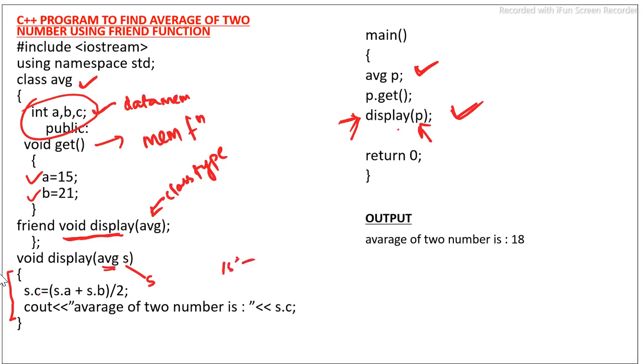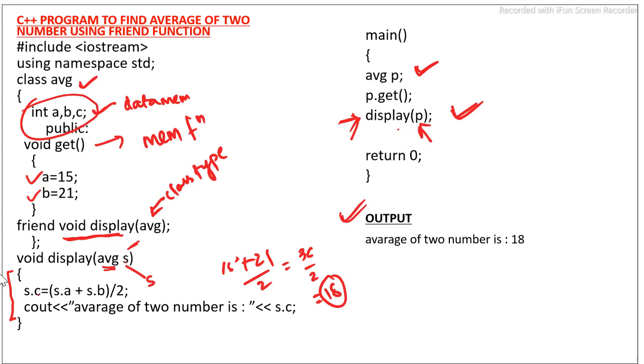So 15 plus 21 divided by 2, that is 36 divided by 2, that is 18 we will get. So this object S helps us access the private data members of the class AVG, and it will display the output: average of two numbers is 18.